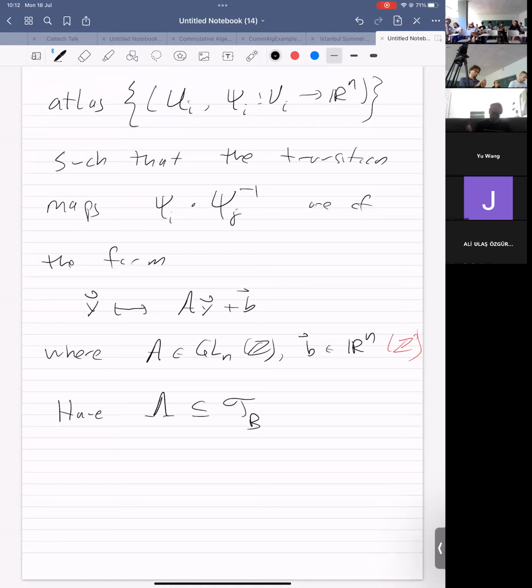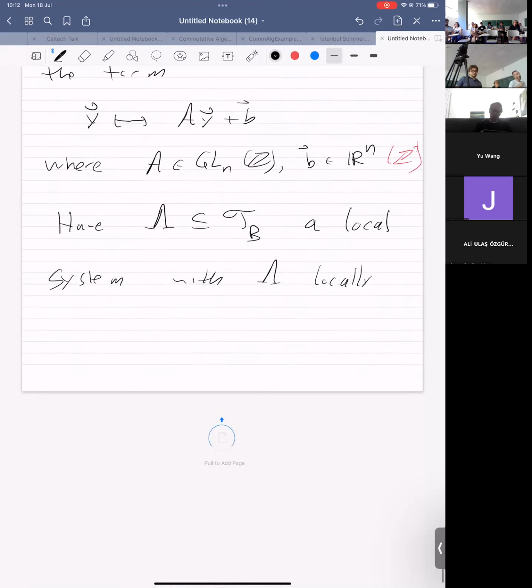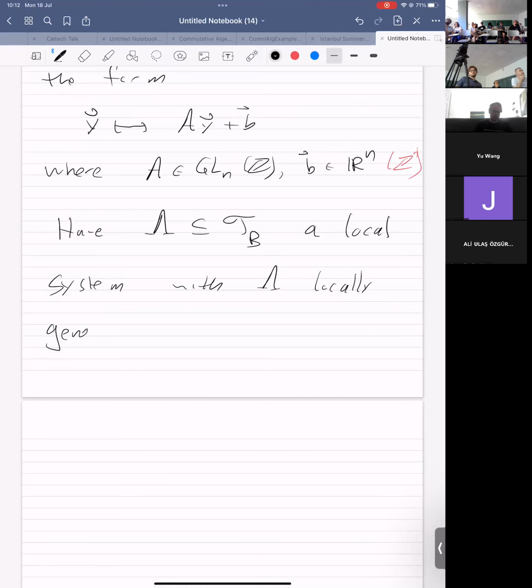So this is a family of lattices inside the tangent bundle, or a local system, if you will, contained inside the tangent bundle, with Lambda locally generated by d/dy_1 through d/dy_n, where y_1 through y_n are affine coordinates in one of these charts.